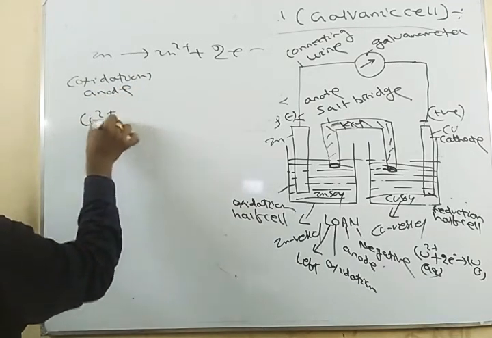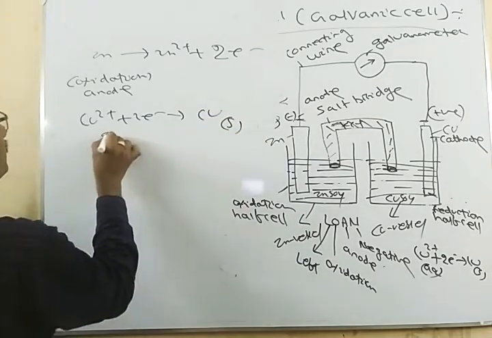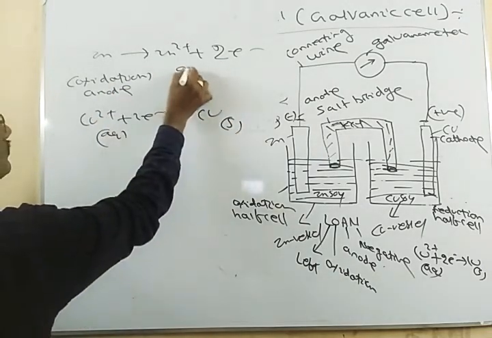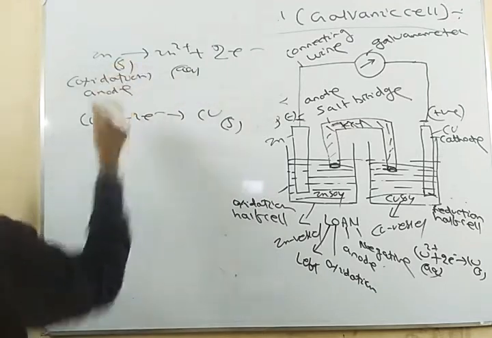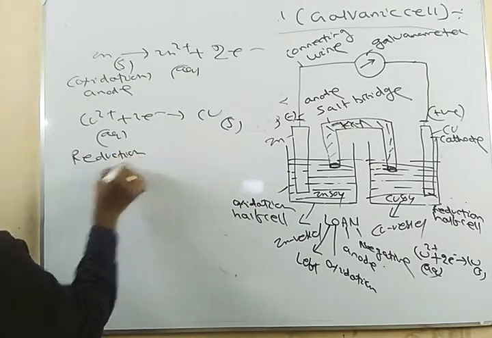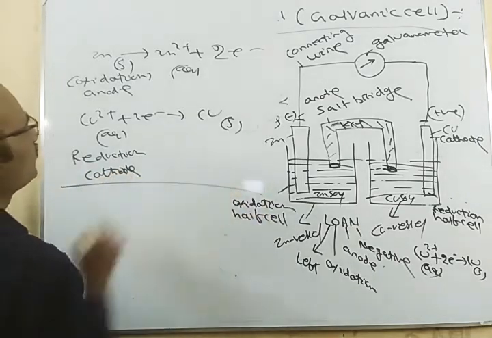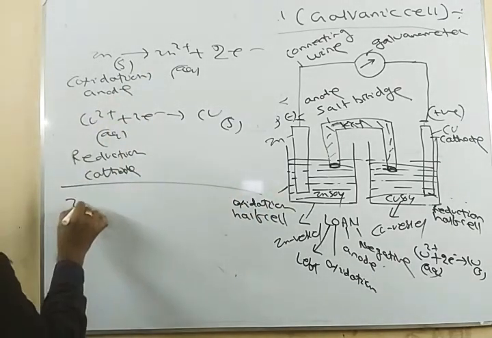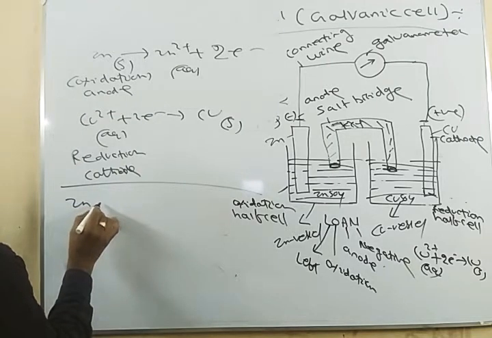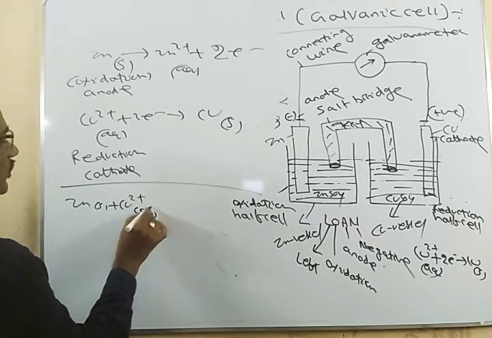Then Cu2+ plus 2 electrons gives Cu solid, which is reduction, at the cathode. Next, you can say Zn solid plus Cu2+ gives what?